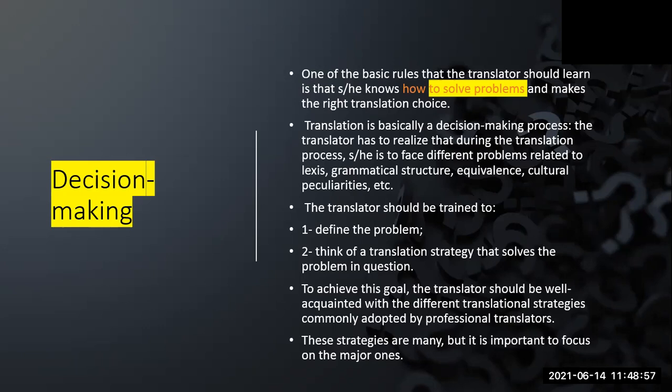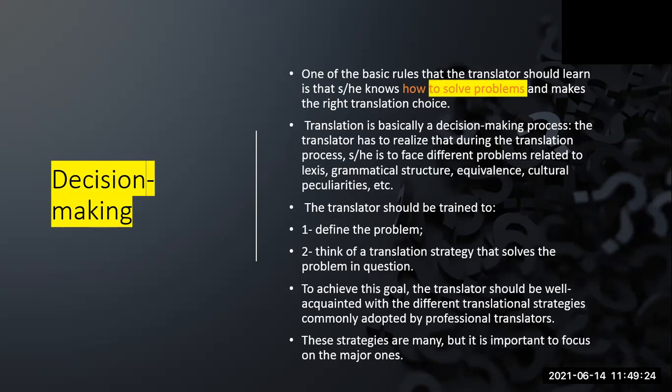So you will face different problems related to lexis, المخزون اللغوي, grammatical structure, equivalence, cultural peculiarities, خصوصيات ثقافية. You will encounter different problems.